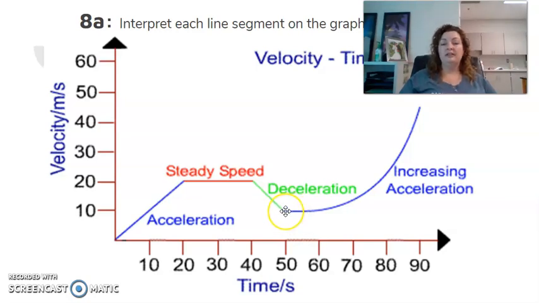Now, if you can see that we have this other blue line, it says increasing acceleration, and this is increasing acceleration just like this one is. The difference between a straight line and a curved line is this one is accelerating at a constant rate, and this is accelerating at a changing speed, right? So this is like maybe you're pushing on the gas pedal a little bit, and then you're pushing on the gas pedal harder, right?